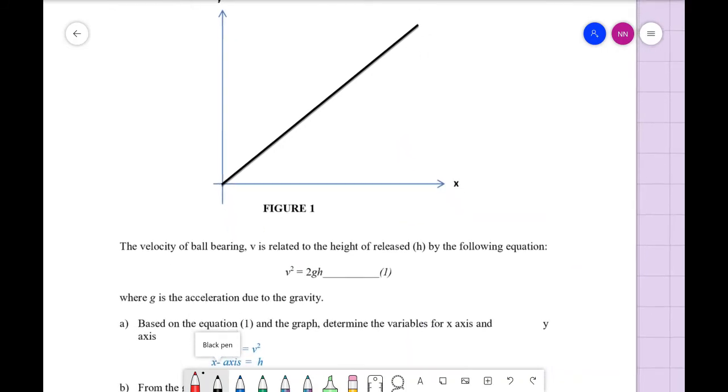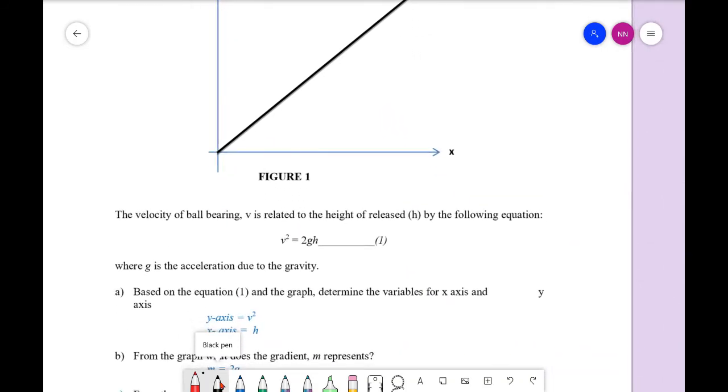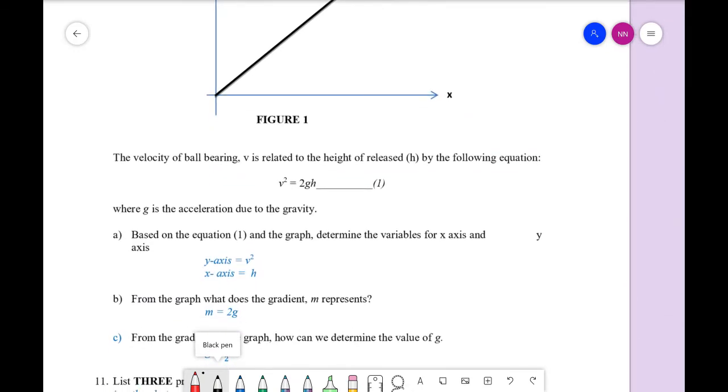Okay, the velocity of ball bearing v is related to the height of release h by the following equation: v squared equals 2gh, where g is the acceleration due to gravity. Based on the equation 1 and the graph, determine the variables for x-axis and y-axis.